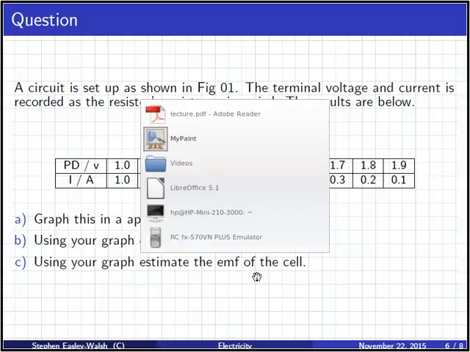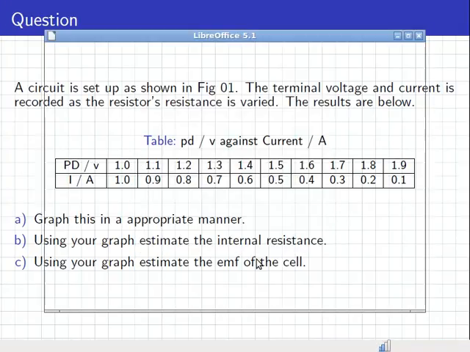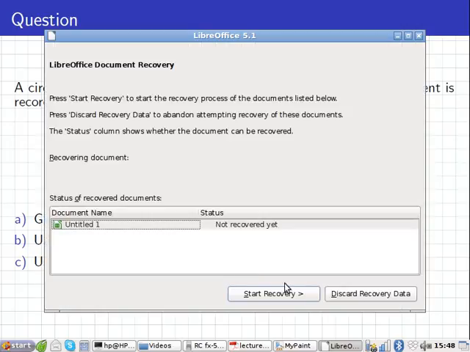Okay, do we have this table written down? So we've decided we'll go with current and voltage. Okay, so please give me the current. Let me just open up a spreadsheet here.